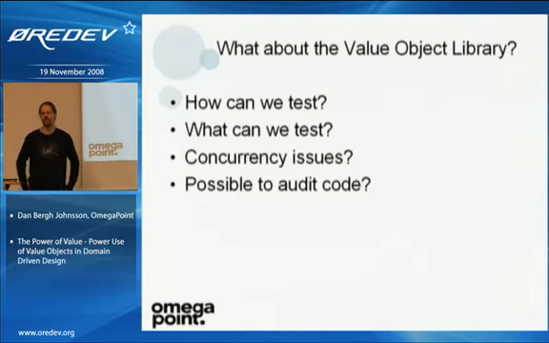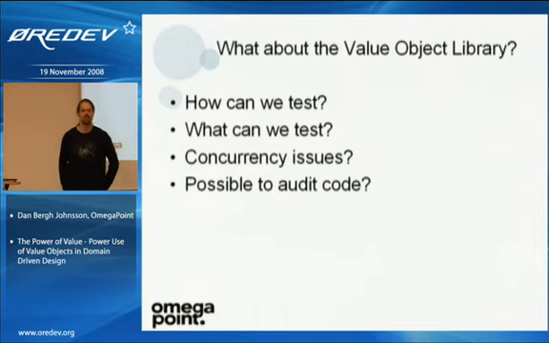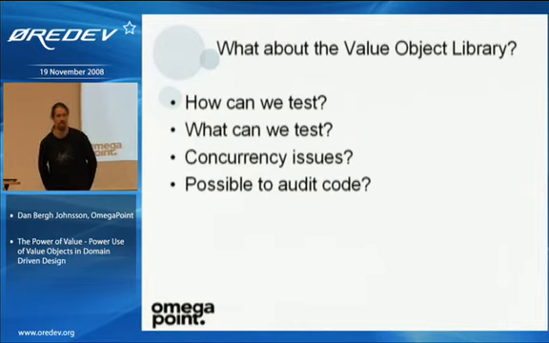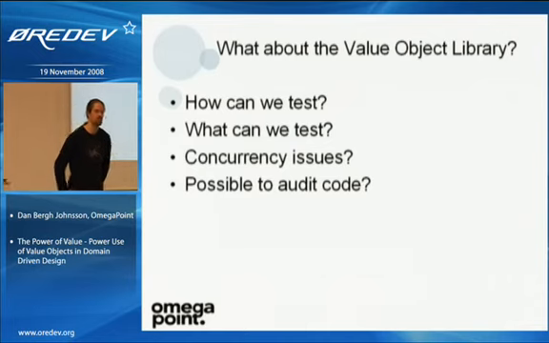So what about this value object library? Well, how usable is it? Well, how can we test it? Well, it's really easy to test. It's just POJOs. We can use very simple JUnit tests to test it. What can we test?